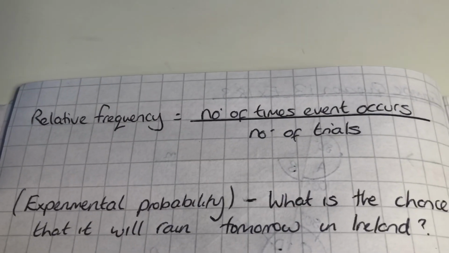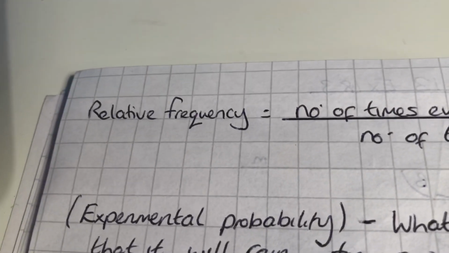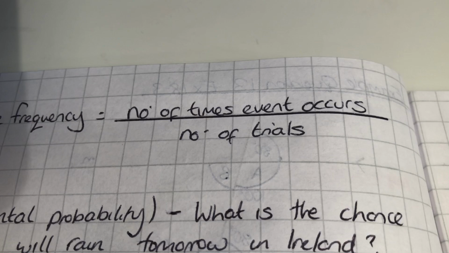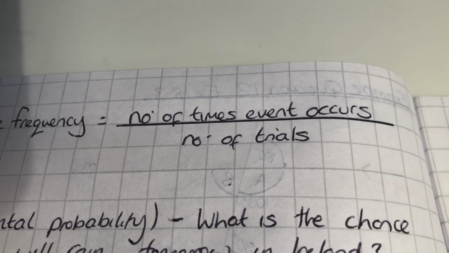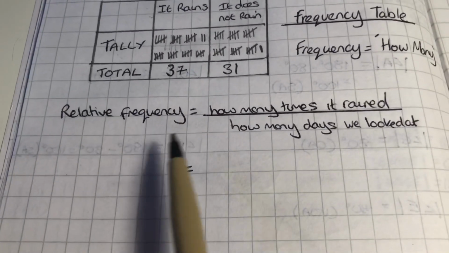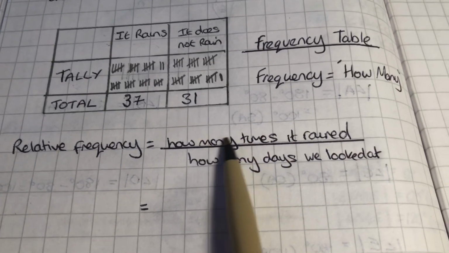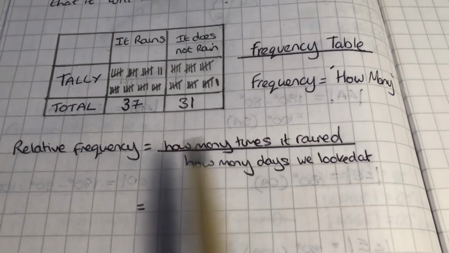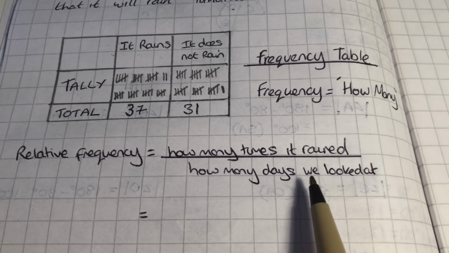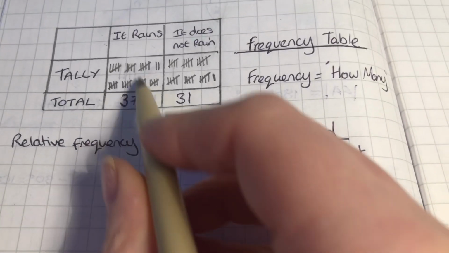So let's remember our formula. The relative frequency, so the estimated probability, is the number of times that the event occurred over the number of trials that we did. Okay, so our relative frequency, which we know is our estimate for the probability, will be how many times it rained over how many trials there were, so how many days we looked at. How many times it rained is our total here.